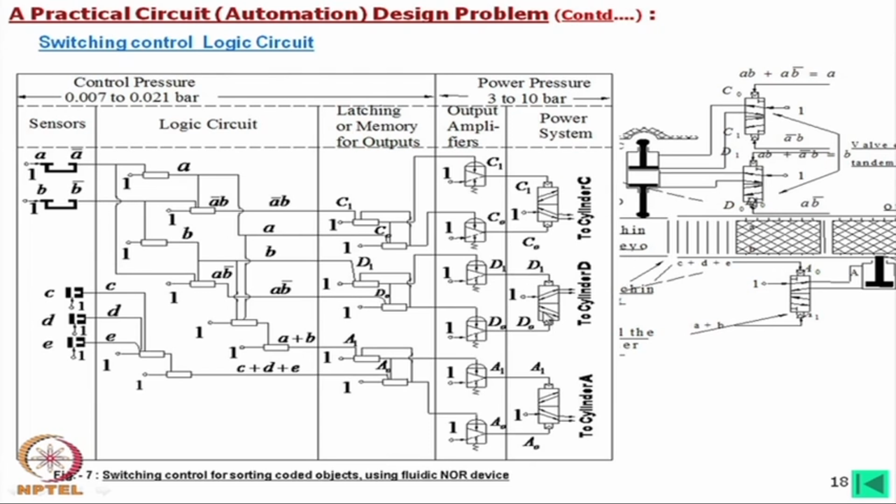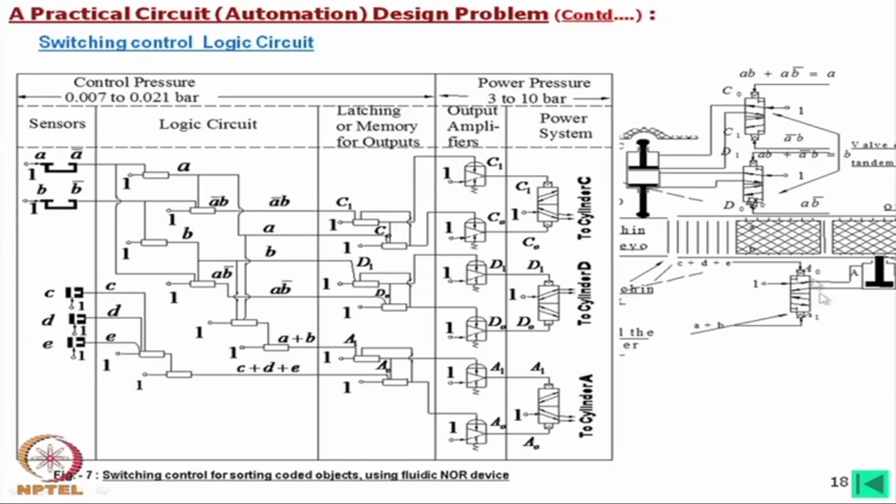Similarly, for D1 and D0, and similar for A1 and A0. Now, I would say this is a very complicated circuit. To understand what is being performed, you should take this picture and this picture together.